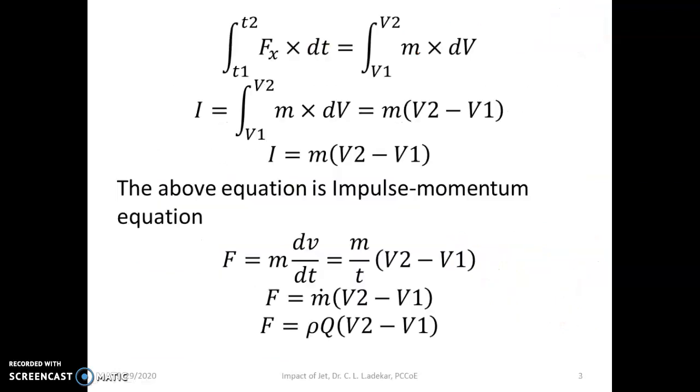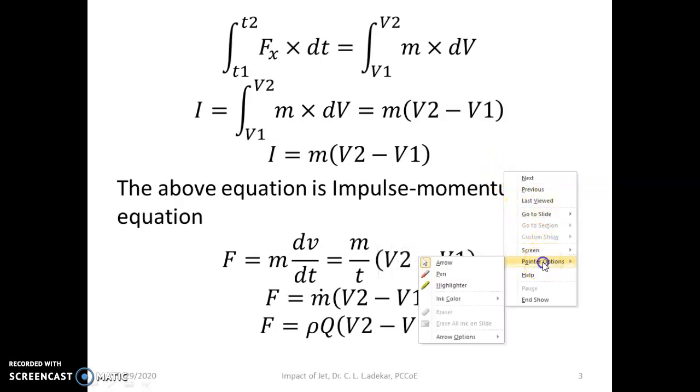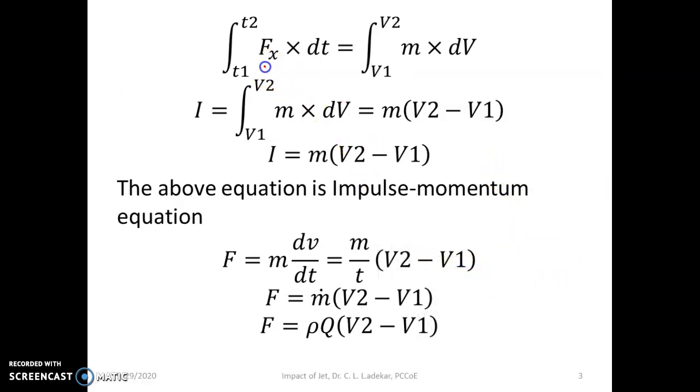Understood this? Now, if you are applying force Fx for a certain time period between t1 to t2, that will lead to change in the velocity from v1 to v2.